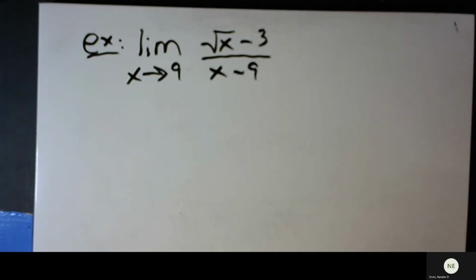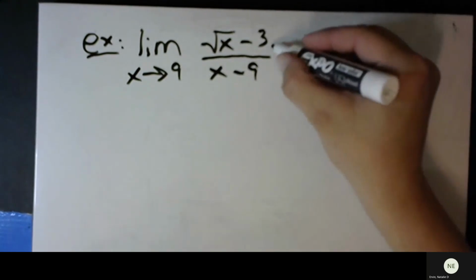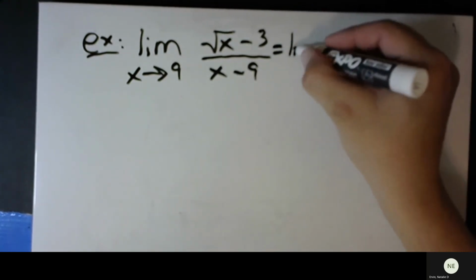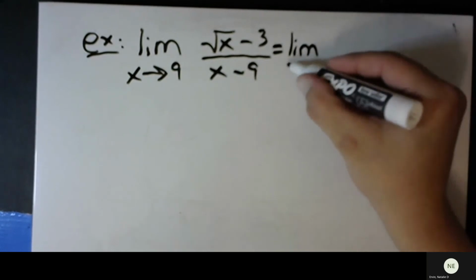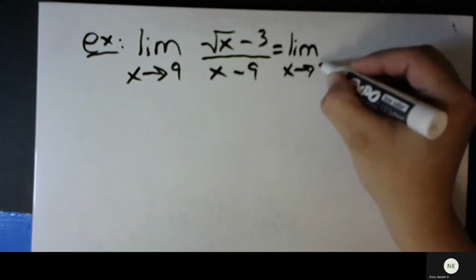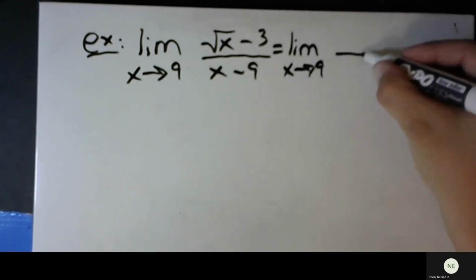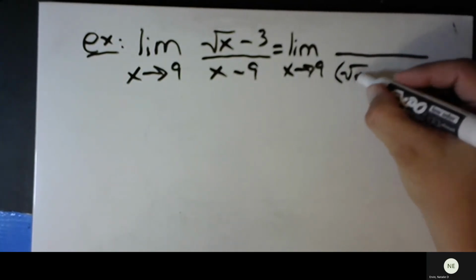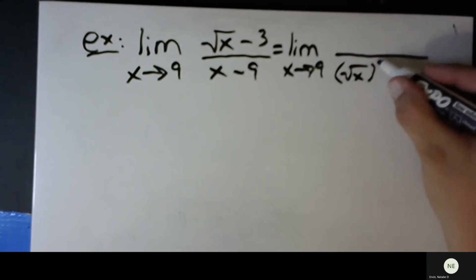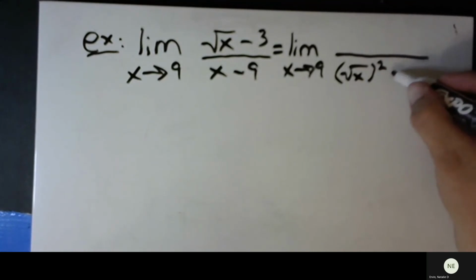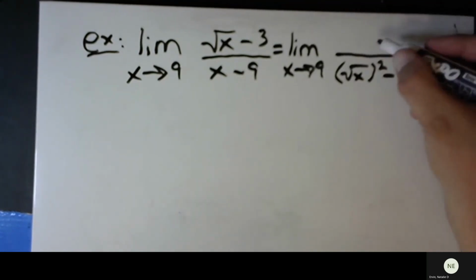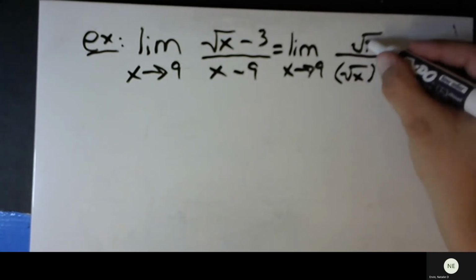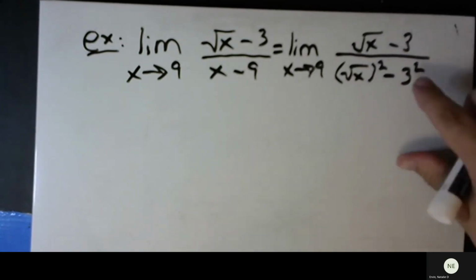So what you can do with this, you can rewrite it: x is the square root of x squared, and 9 is 3 squared, or the square root of x minus 3.